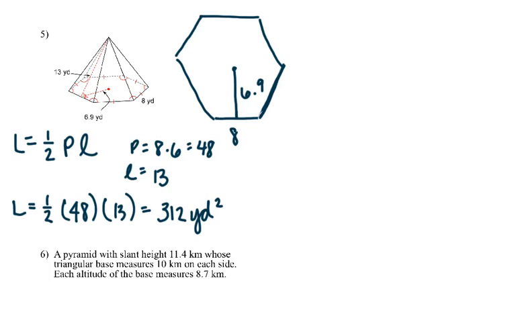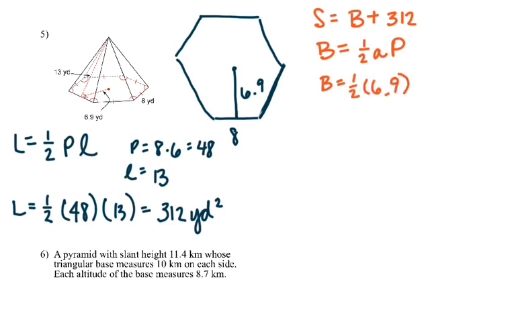And then for our total surface area, we need the area of the base plus that lateral area, which is 312. Our base is a regular polygon, so we need to find 1/2 of the apothem times the perimeter. The apothem is given as 6.9, and the perimeter is 48. Cooper is back.